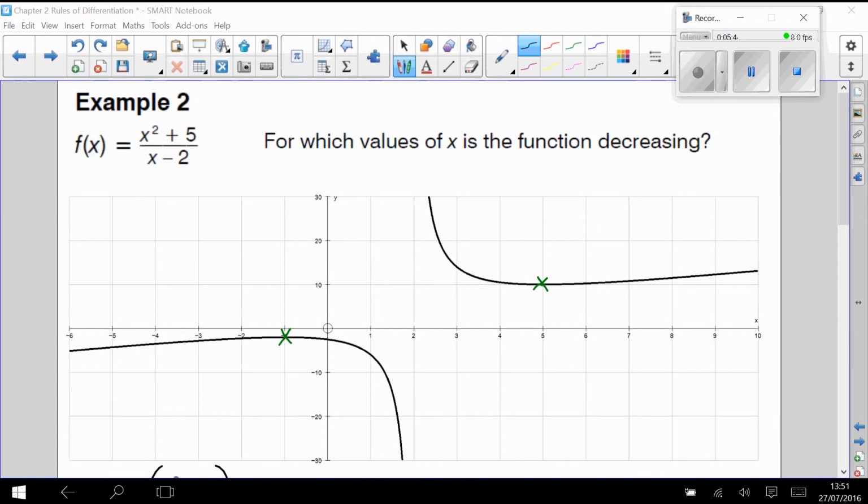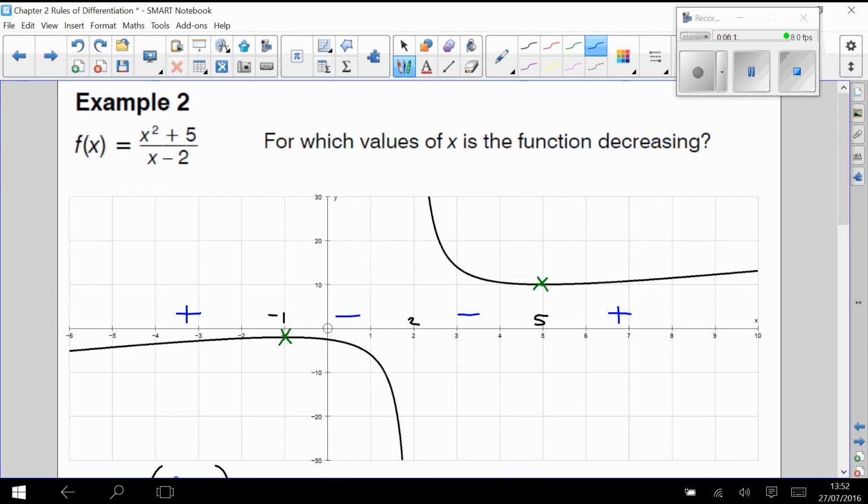If I take a look at the diagram that I gave you earlier, we plotted when x was minus 1 and 2 and 5, and then we took a look at our intervals. We said to the far right I had an increasing gradient, and then decreasing on both sides of the critical value when x was 2, and then once again an increasing gradient on the far left-hand side.